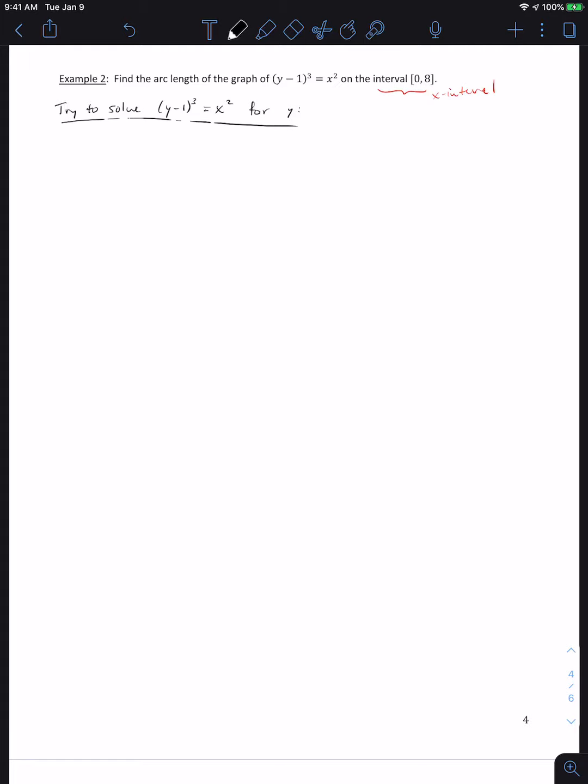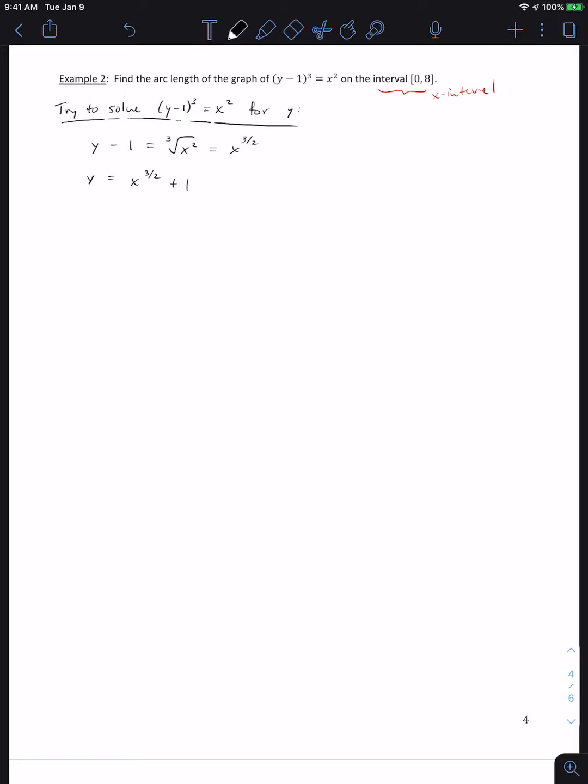So if I'm solving for y here, I need to take the cube root of both sides. So I get y minus 1 is equal to the cube root of x squared. So y is equal to, I'm going to rewrite the cube root as x to the 3/2, right? So this is x to the 3/2 plus 1, right?